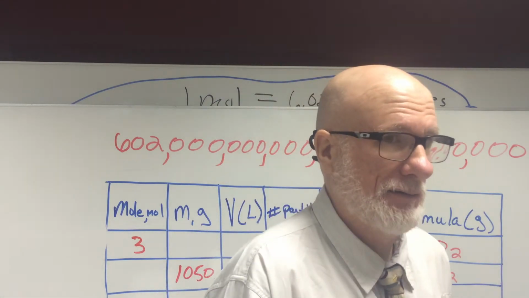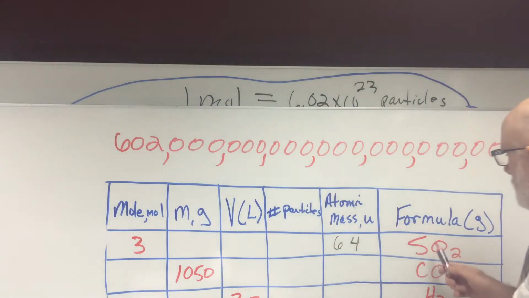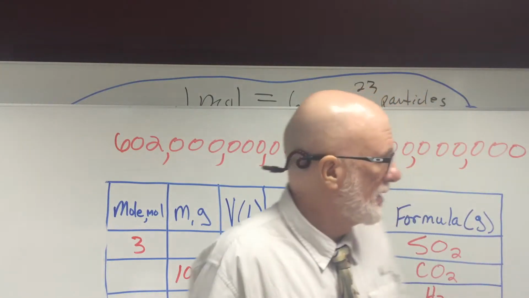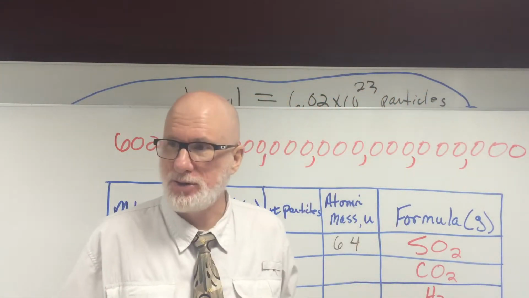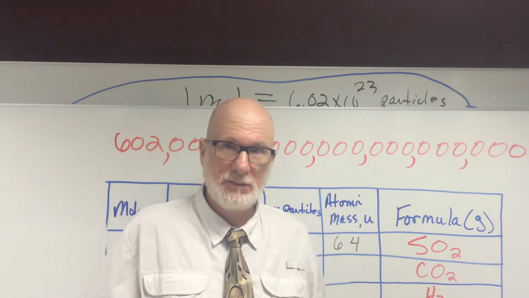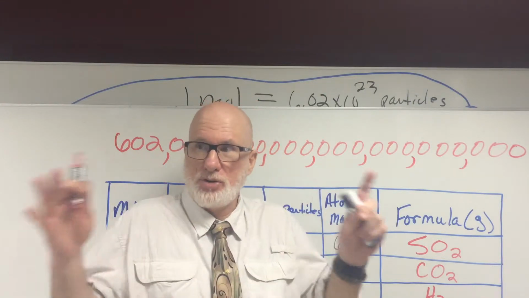If I take one particle of sulfur dioxide, it has a total of 64 protons and neutrons all together, right? If I counted them up. Is that okay? Yes? Total.